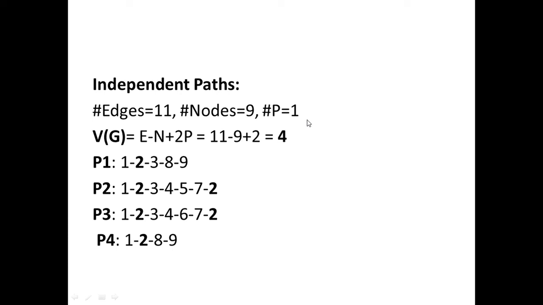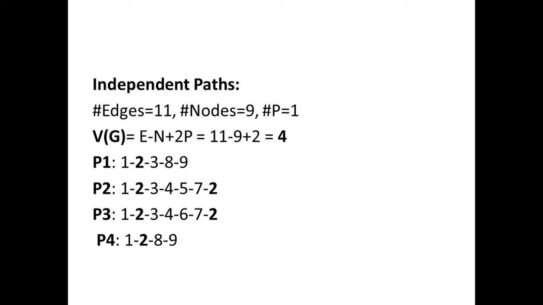To apply the cyclomatic formula, it is mandatory that your program graph must be strongly connected. To make sure of that, we draw an extra edge from the entry node to the exit node, that is, from the first node to the last node.